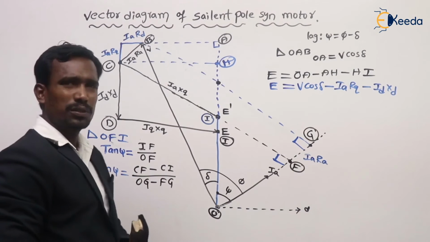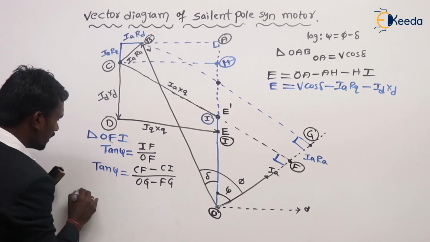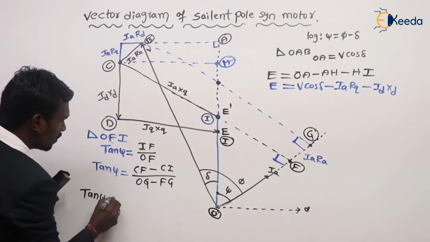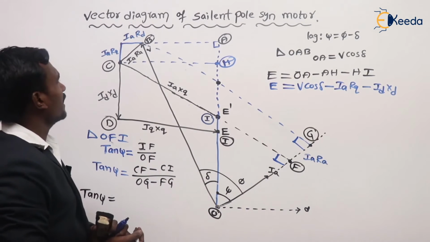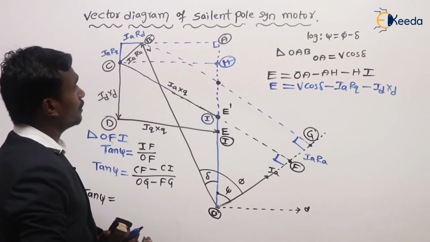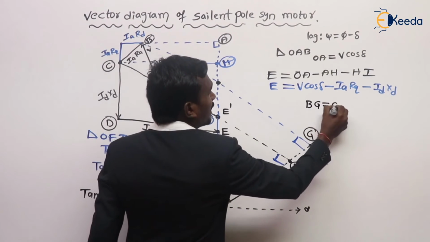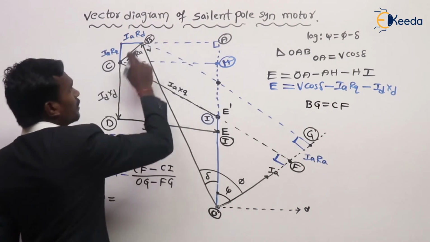These are the values. So what is CF? CF we don't know directly, but we may know the value of BG. This BG is exactly equal to CF, yes or no?